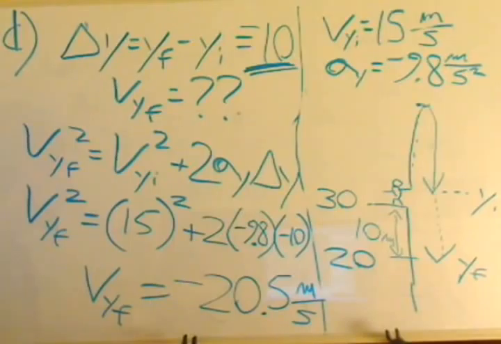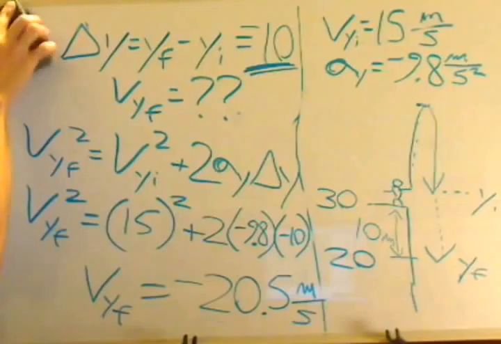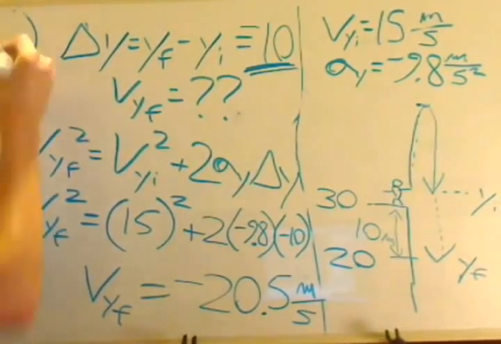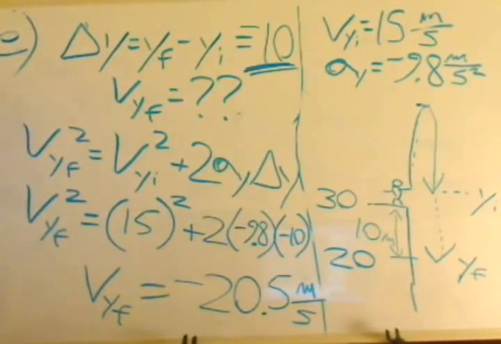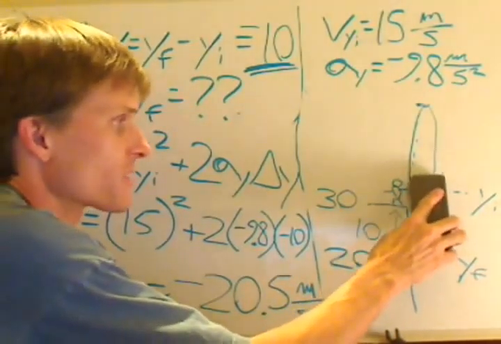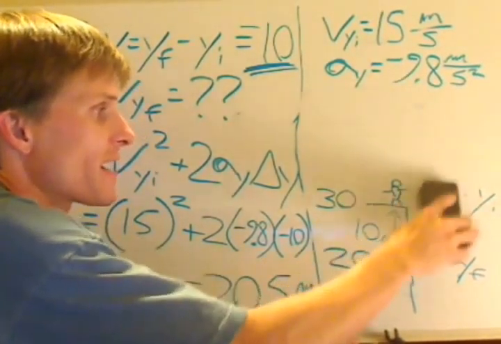Now we're asked in part E if there's any difference at all if we instead throw the ball straight downward at minus 15 meters per second. So here's the situation now.